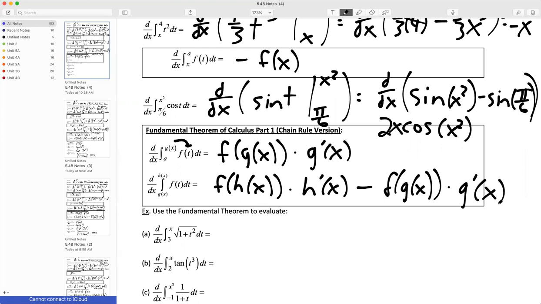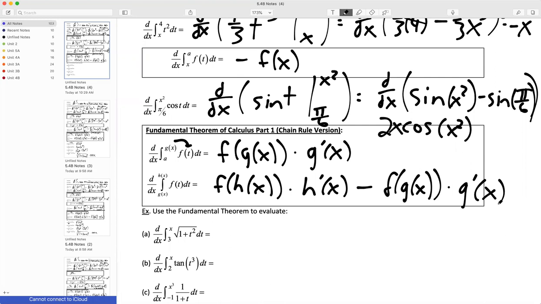There we go. Okay, so let me do a quick summary here. Anytime you see this notation, we're doing the derivative of the antiderivative. That's the fundamental theorem of calculus, part 1. If we have a variable, we're going to plug that variable into the integrand and then multiply the whole thing by the derivative of the bound.